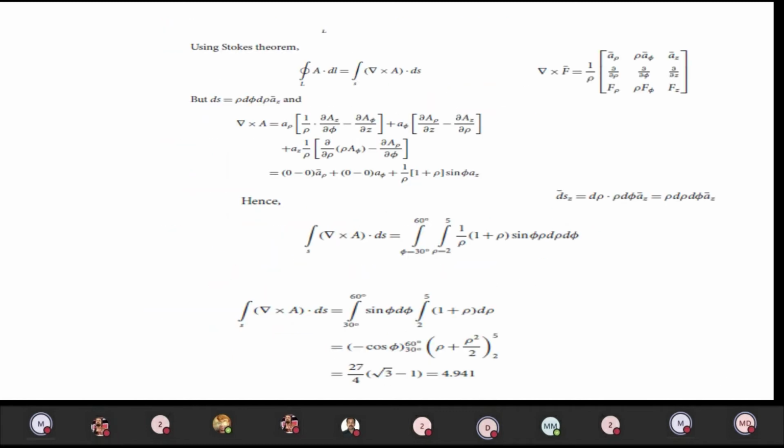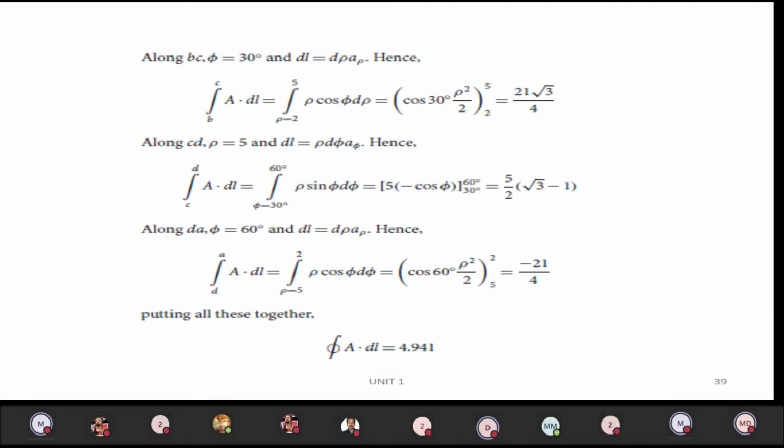Using Stokes theorem, closed integral of A dot dl equals surface integral of del cross A into dS. First we find the closed integral of A dot dl. Later we find the surface integral of del cross A into dS. And we should prove both are the same.